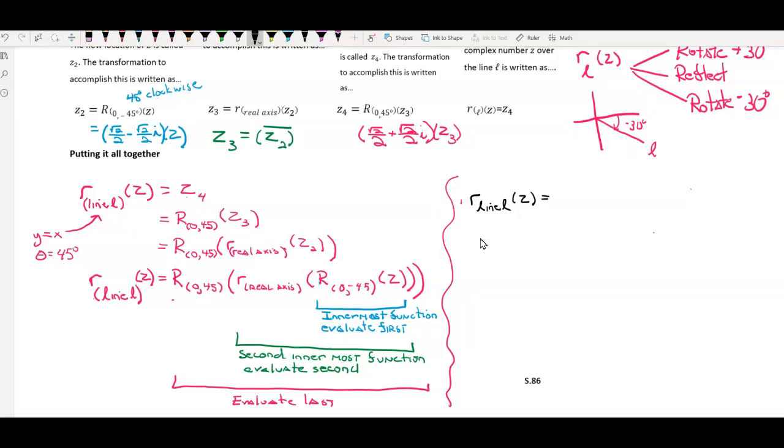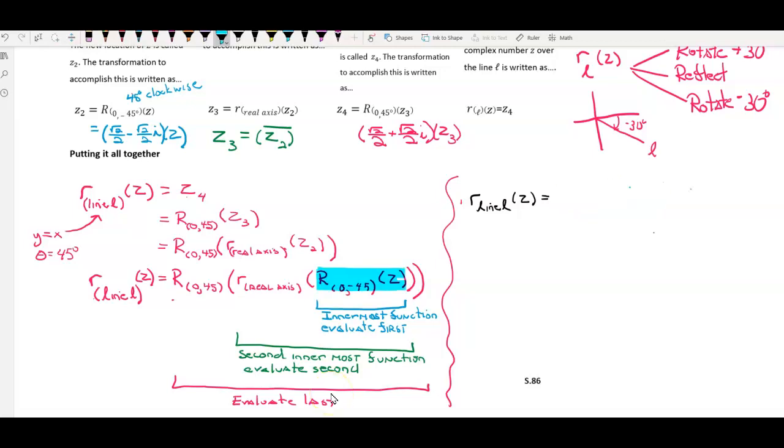So I take out the letter Z4, and in its place I'm going to write root 2 over 2 minus root 2 over 2 i times Z. Innermost function.